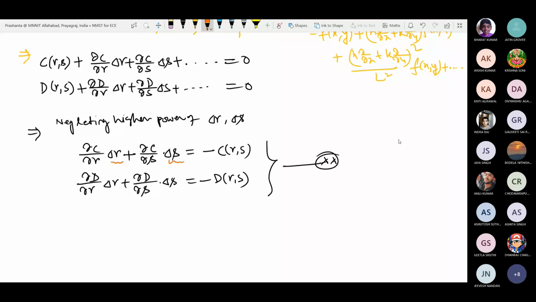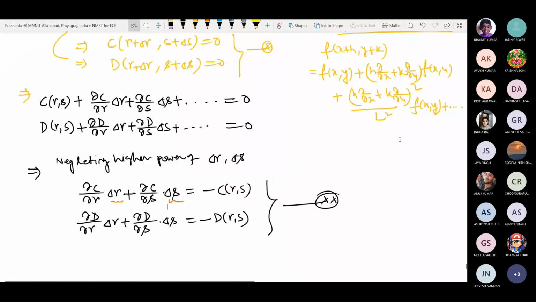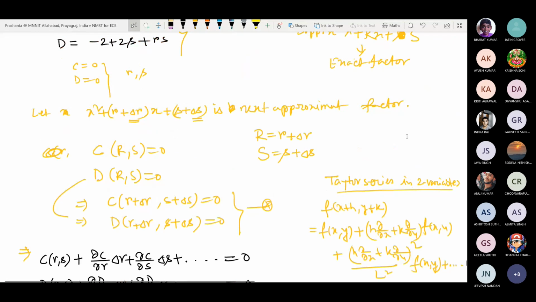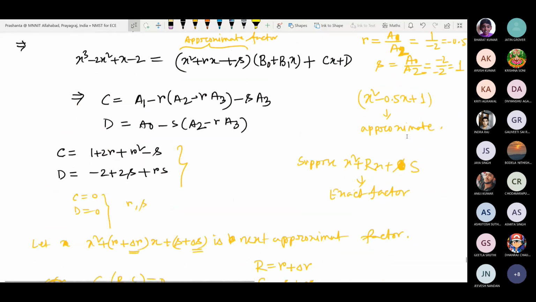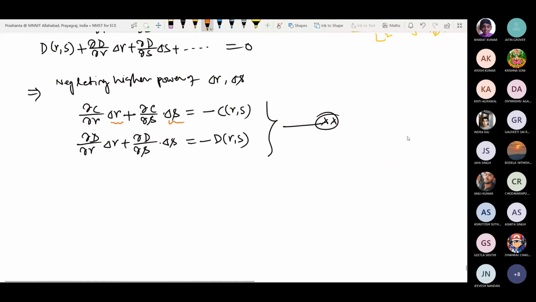So that was the theory I had already discussed in the last theory class. So what is our problem here? The polynomial is x cube minus 2 times x square plus x minus 2. You have to extract a quadratic factor from this polynomial. And what was the initial factor we chose?